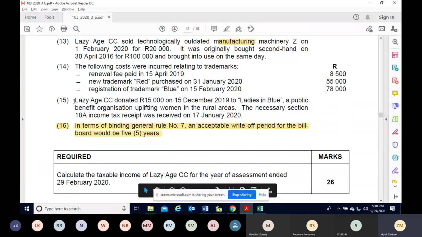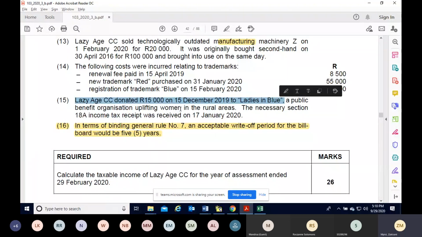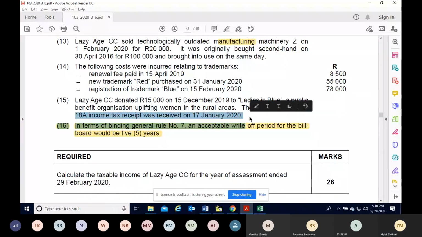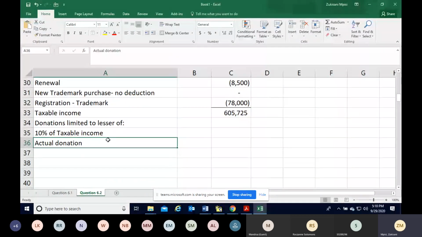So how much is the donation? We donated 15,000 to Ladies in Blue, a public benefit organization uplifting women in rural areas. And the most important thing, before you look at a donation, is that it must be in the current year of assessment, and there must be a Section 18A income tax receipt. We've got both of them, and 10% of taxable income is, let's quickly see.